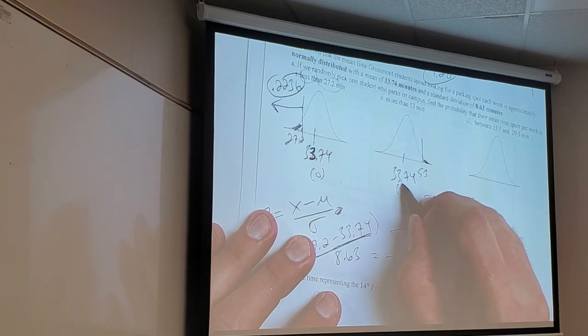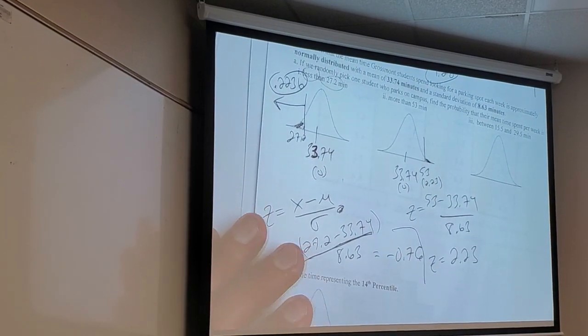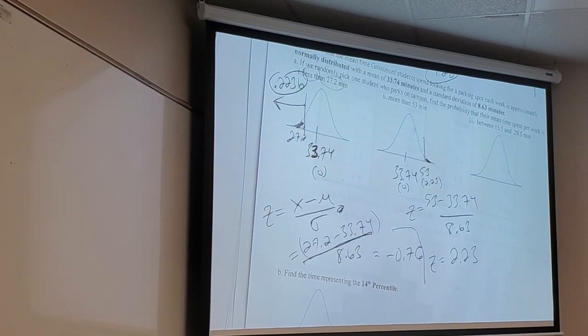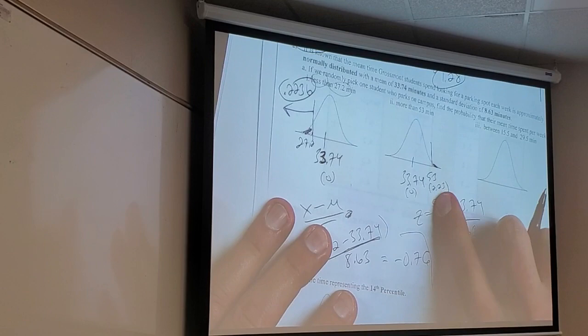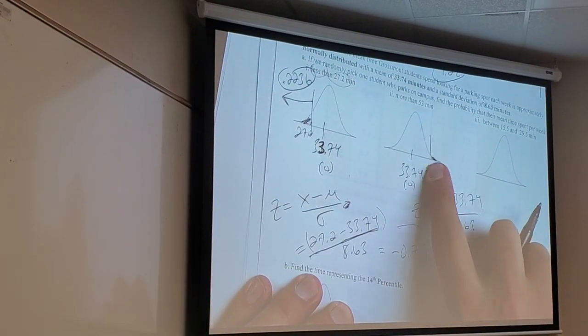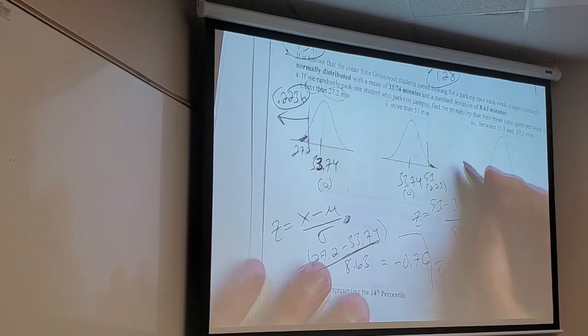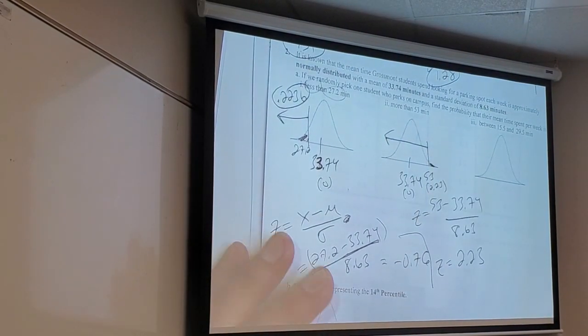So what I normally do is I put the little z-score underneath just to keep myself straight. Back in the day when I learned this, our teacher would make us draw 2 different pictures. And I'm like, it's the same exact picture, it's just where this is relative to the mean. So when I look up 2.23, I'm going to get this, which is not the answer.